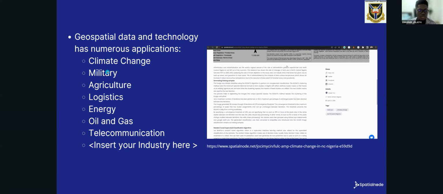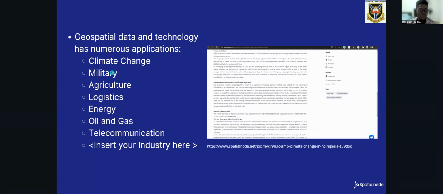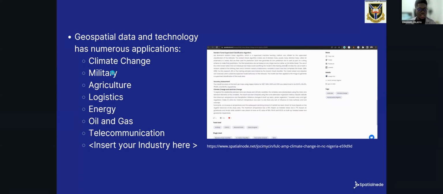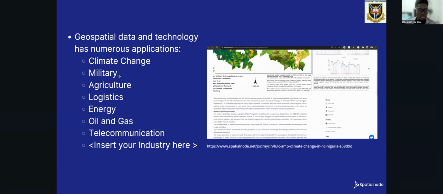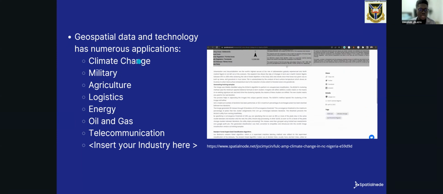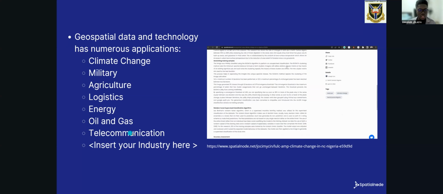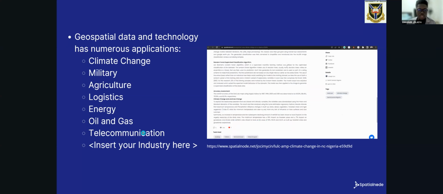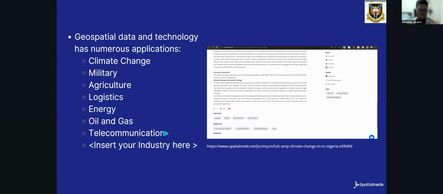Military, we have Boko Haram, they are in a particular place on the Earth's surface, right? When you know the whereabouts of your enemy, you can target and plan how to attack them. Climate change as well is happening somewhere: oceans, sea level rise, everything. Telecommunication, we have masts. And it's not just to monitor the location of your masts.